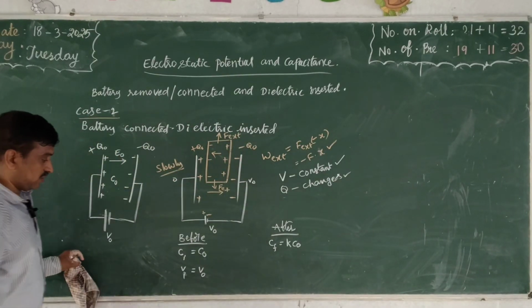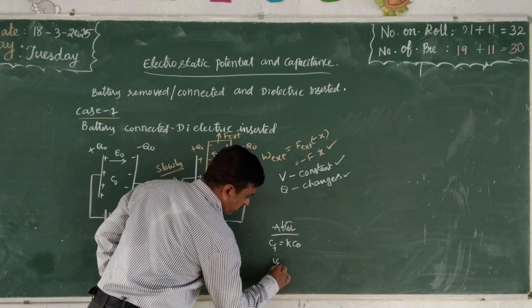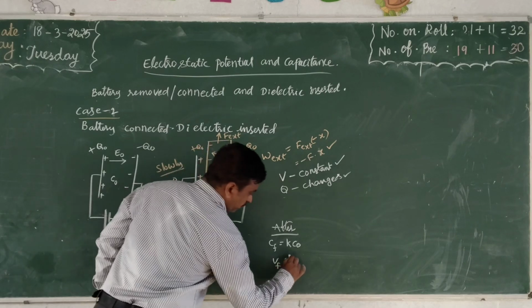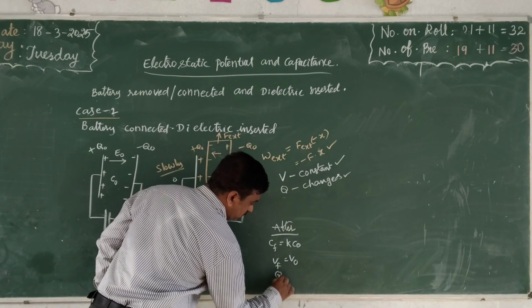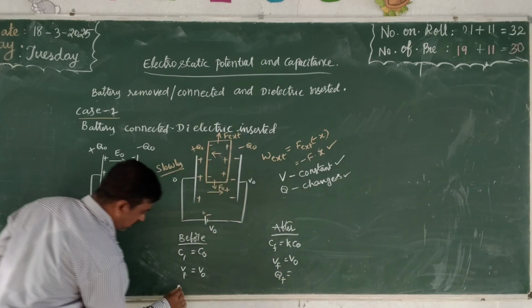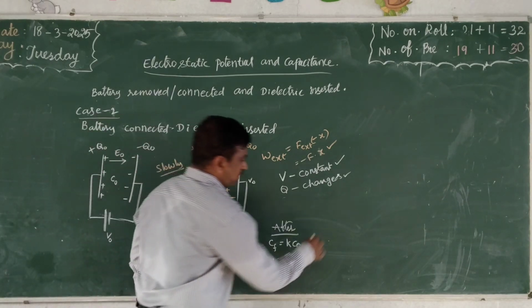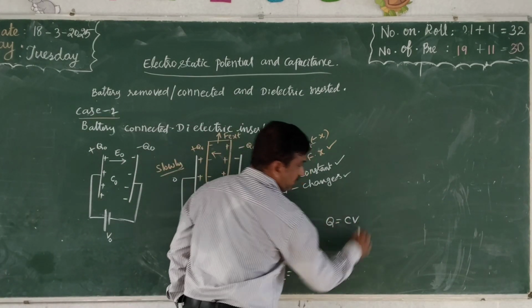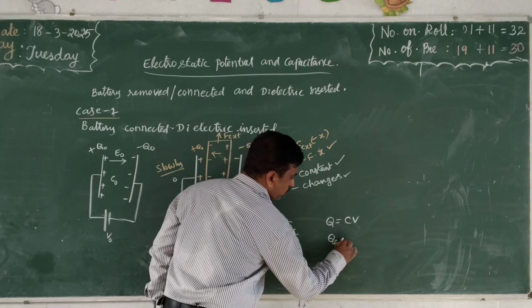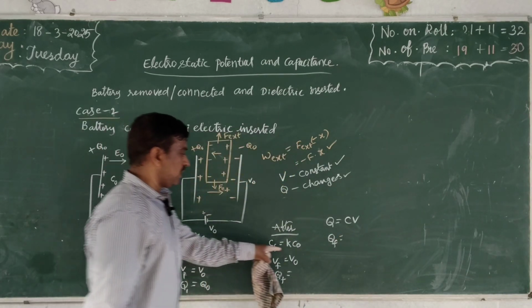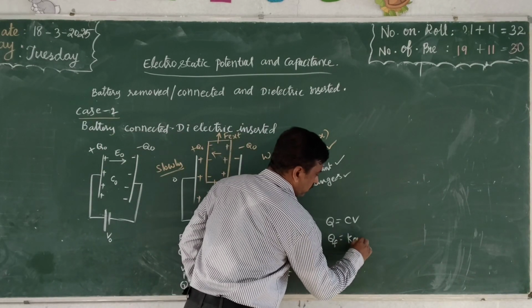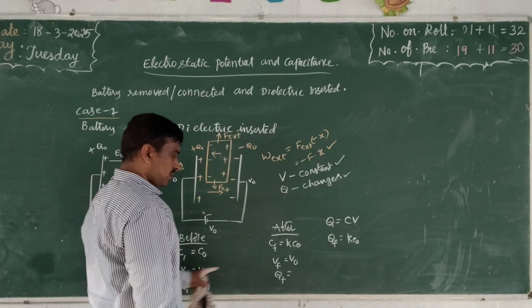What changes do we discuss? The potential is the same, final potential also V naught. What about charge? Initial charge is Q naught. Charge is equal to CV, so Q final equals C, which is K C naught, times the potential V naught.